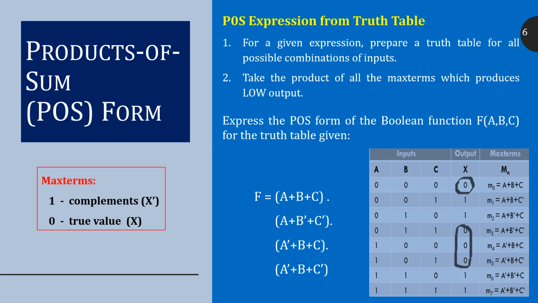For the first combination 0, 0, 0, the corresponding max term is a + b + c. Then a + b' + c'. Then for 1, 0, 0, a' + b + c. Then for 1, 0, 1, a' + b + c'. We take the product of all these terms to get the final expression.